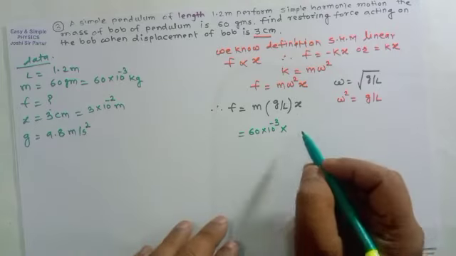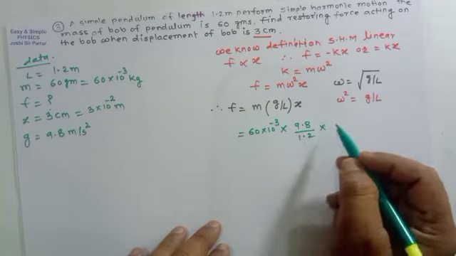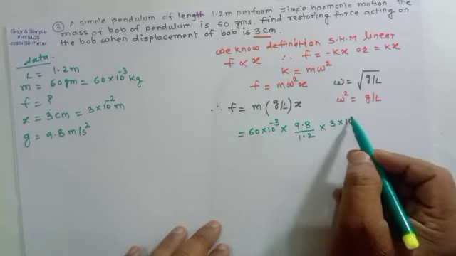So 9.8 divided by 1.2 multiplied by 3 into 10 to the power minus 2.